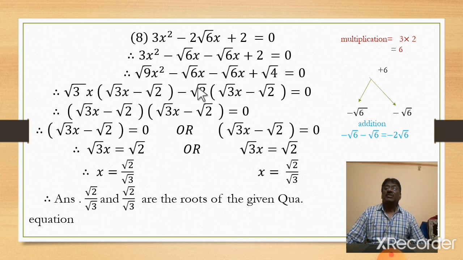In this way we factorize the middle term minus 2 root 6x into minus root 6x minus root 6x. Then we get the equation 3x square minus root 6x minus root 6x plus 2 is equal to 0.